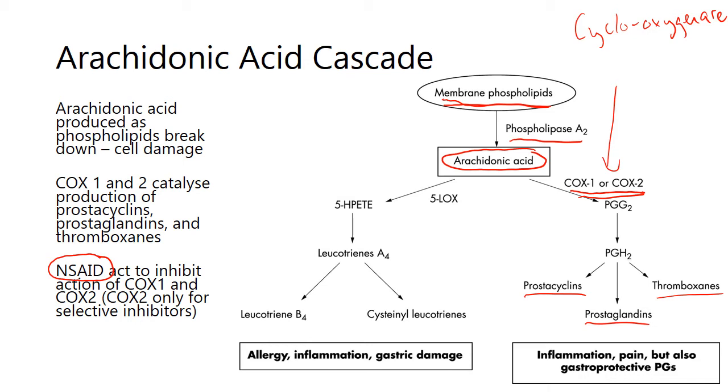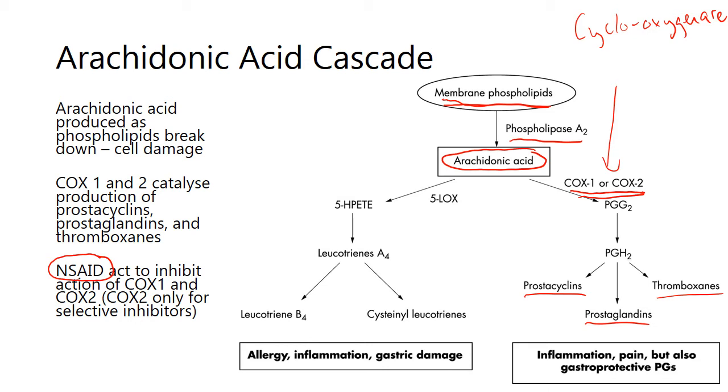Now, cyclooxygenase 1 is responsible for producing what we refer to as housekeeping prostaglandins. By this we mean chemicals that are responsible for things like renal blood flow regulation and the production of gastric mucosa. So these are prostaglandins that are sort of free throughout the body and just play a role in maintaining the body.